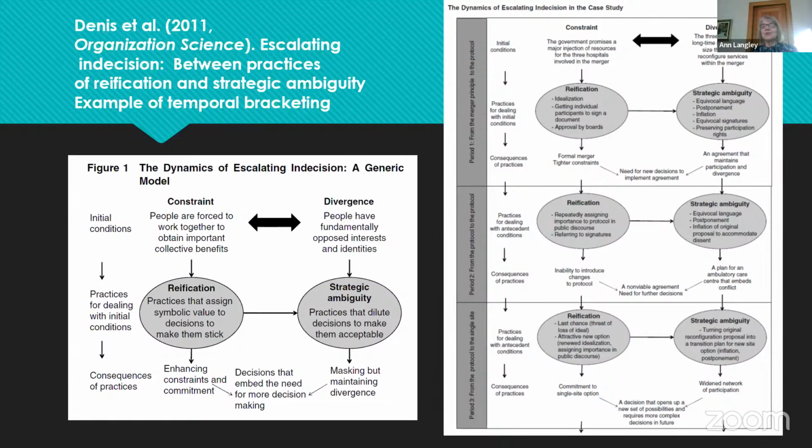This is what happens when you need to work together, but you hate each other. You find yourself in this escalating indecision cycle. The good news is that about 5 or so years after we finished our study, they did actually do something. So it did end, but this was the process that we observed.